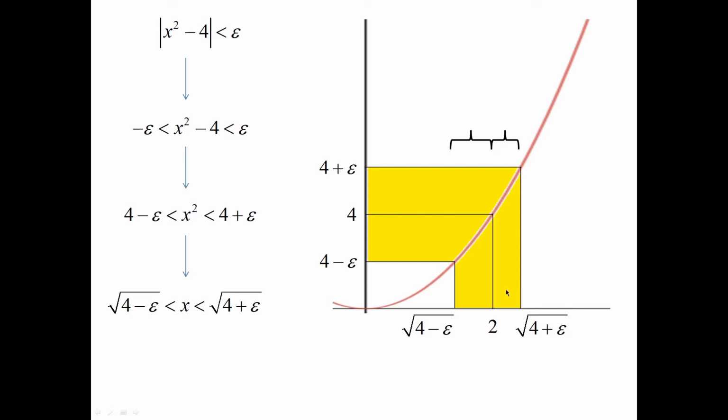And again, you can see the right side is the shorter side, and so that's the distance we want. And that distance then would be square root of 4 plus epsilon minus 2. That is that distance. And that is then our delta.